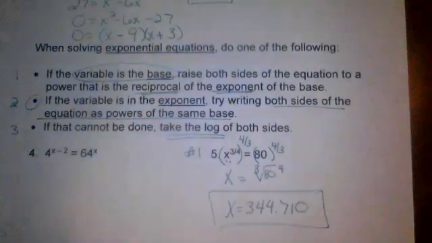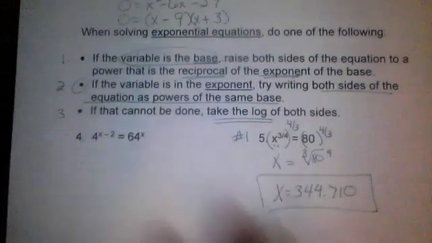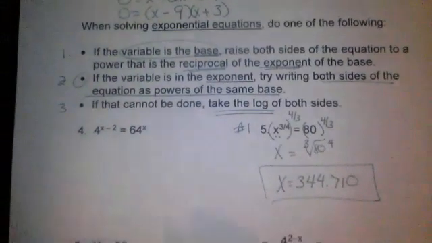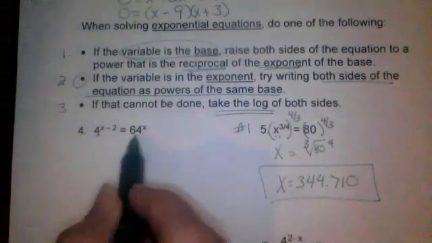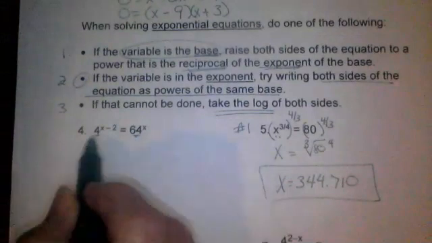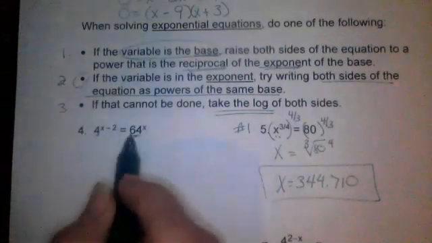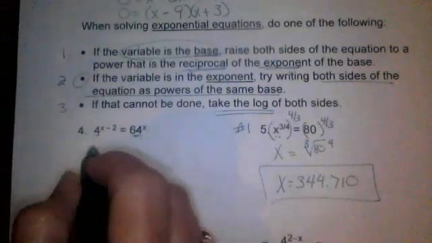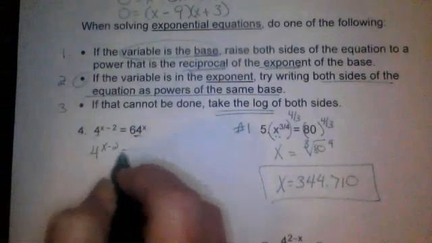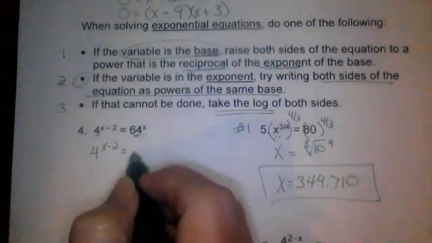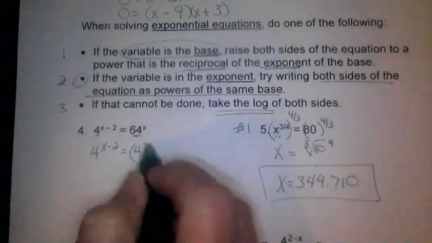All right, then for all of the rest of these, we have variables in the exponents. And so if we can do equal bases, which on this one I believe we could use base 4 or base 2, I'm going to use base 4. We want to do that because that makes it easier. 64 is 4 to the 3rd power.